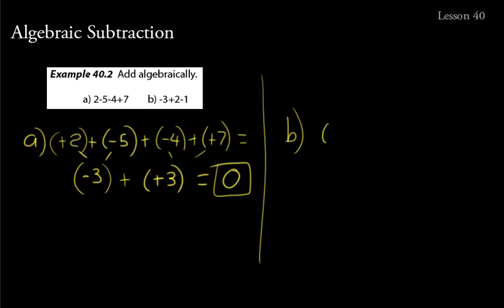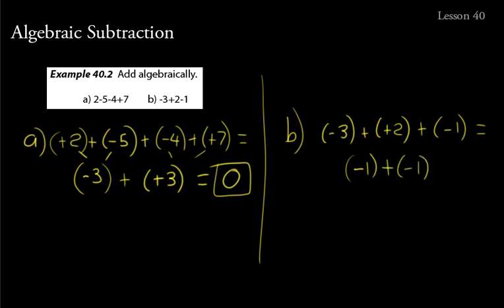A minus 3 out front, it's got its sign, so we just put a minus 3 there, plus a positive 2. We're rewriting this in the algebraic subtraction form, and then plus a negative 1. Add in pairs, a minus 3 to the left 3, to the right 2. That would be a minus 1 inside parentheses, plus another minus 1.